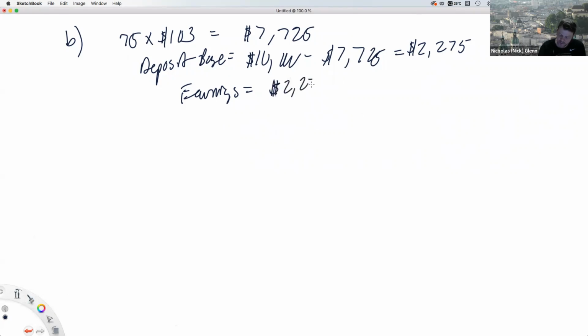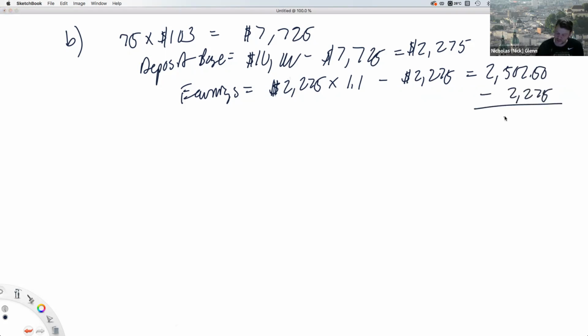This $2,275 times the return that it gets of 1.1, minus what it starts out with, 2,275. What does this give you? $2,502.50 minus 2,275.